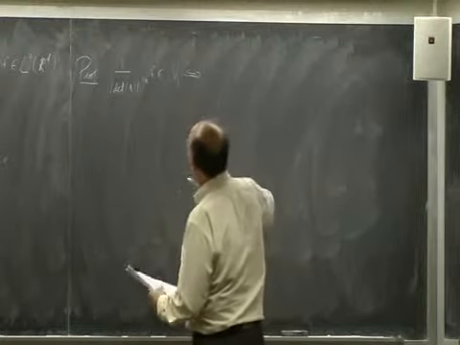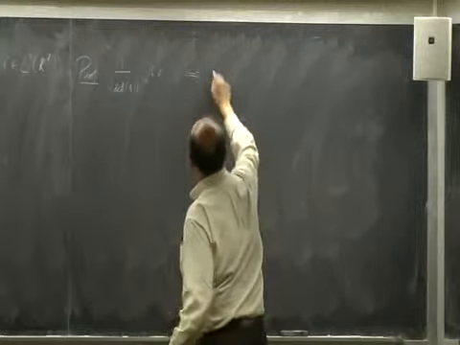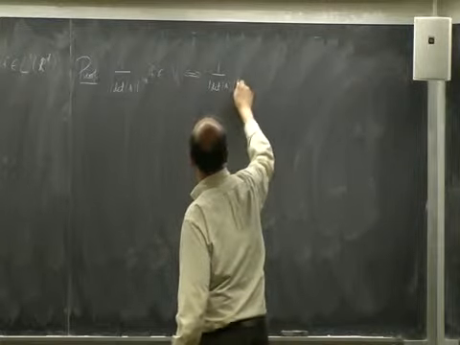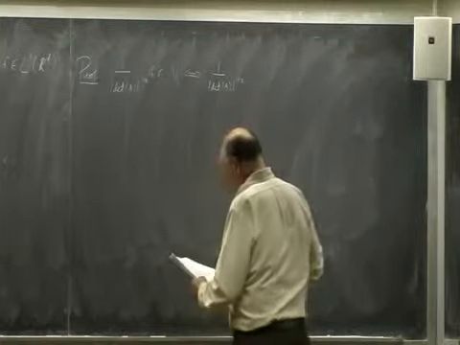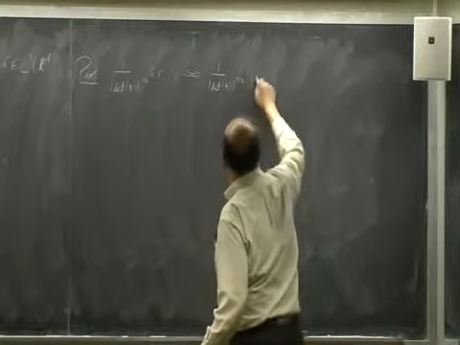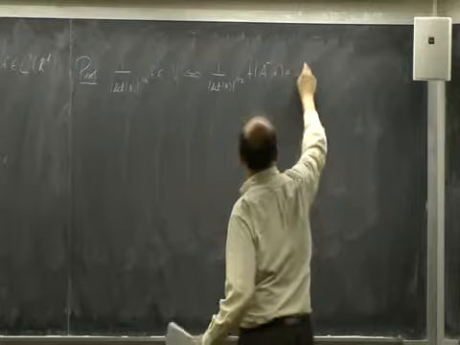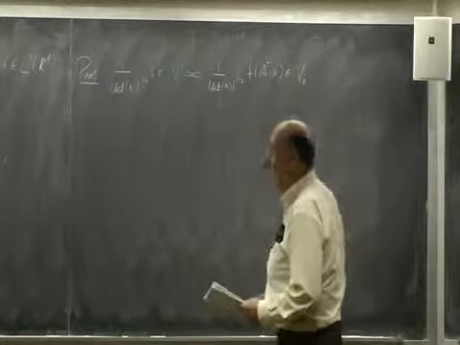If and only if 1 over the determinant of A, to the 1/2, F of A inverse X belongs to V0, right?